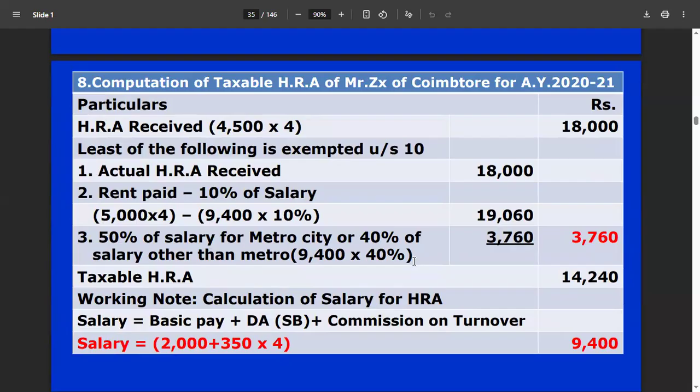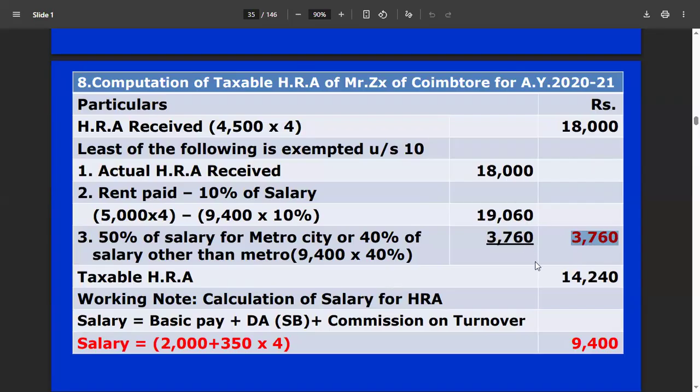Rent paid is 20,000 minus 10% of salary, so we get 19,060. Then 50% or 40%. Since he is living in Coimbatore, which is considered non-metro, so 40% of basic salary. So it is 3,760. When I compare, the lowest one is 3,760. So the exempted HRA out of 18,000 is 3,760.